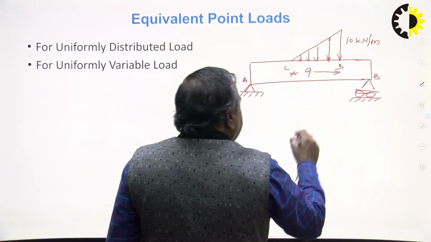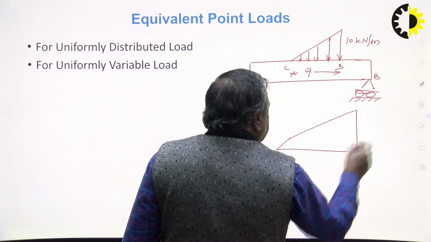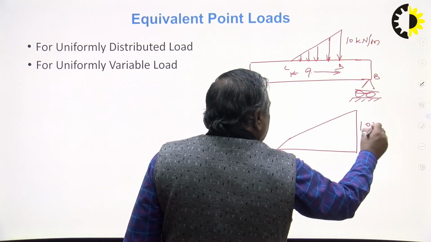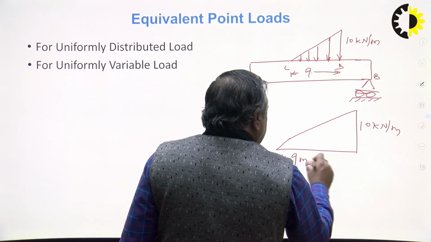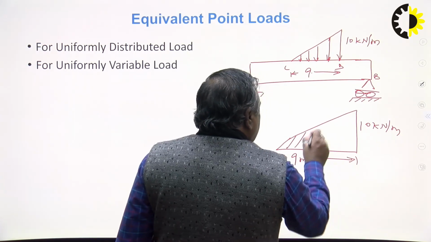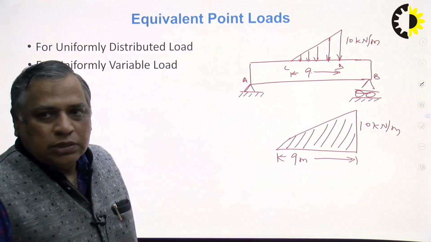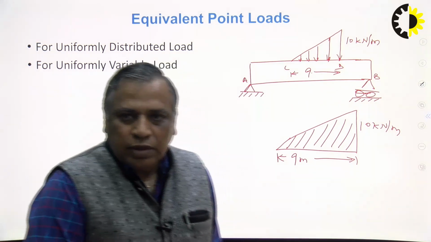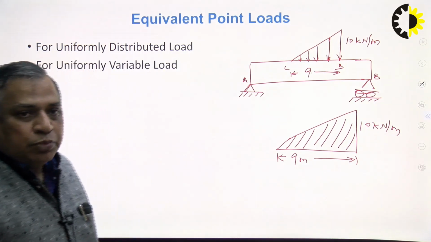Now the shape is a triangle. This is 10 kilonewton per meter. This is 9 meter. So what is the area of the load diagram, this triangle? This is the load diagram. So the area of the load diagram is equal to the magnitude of the equivalent point load.